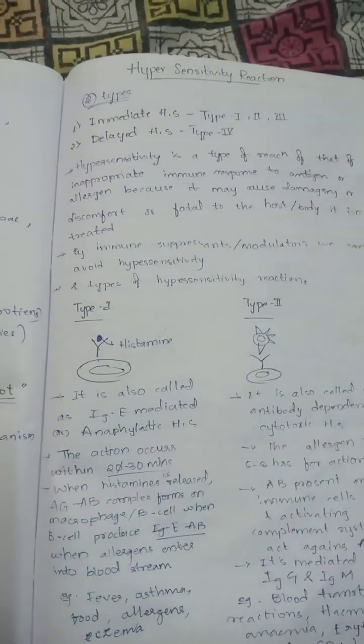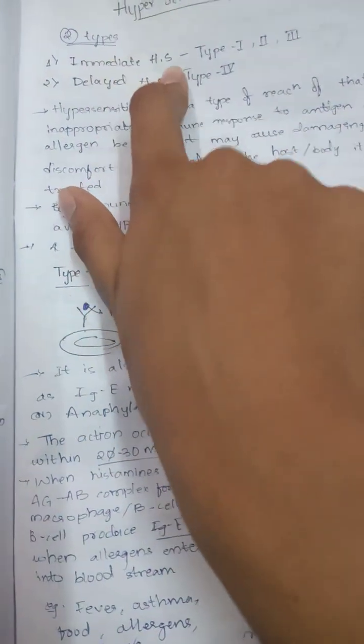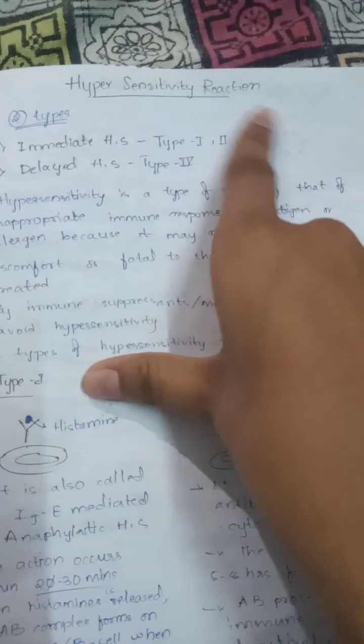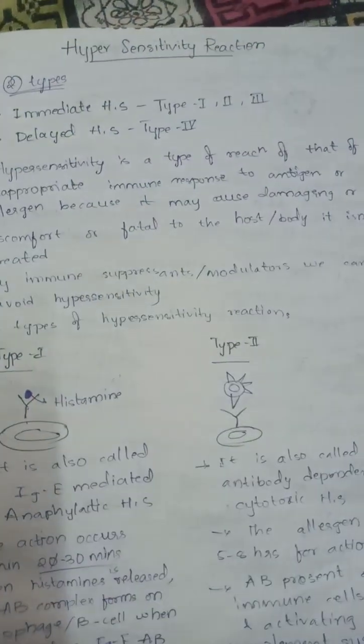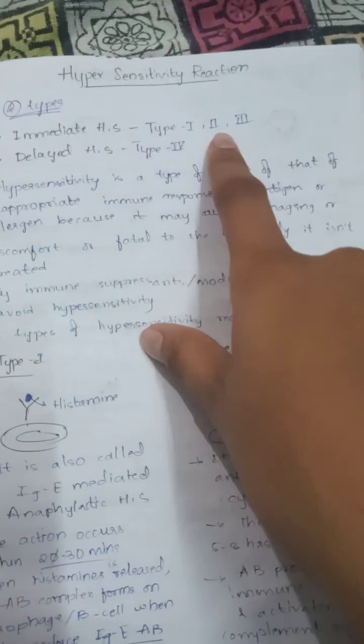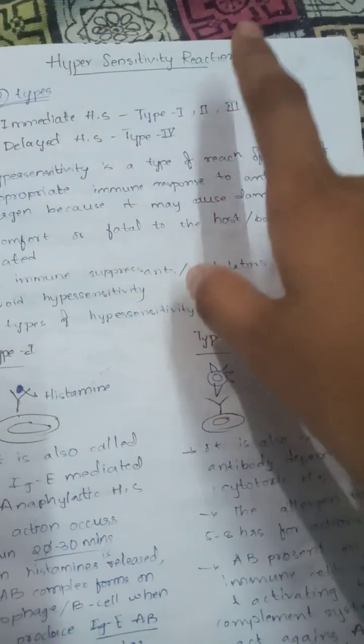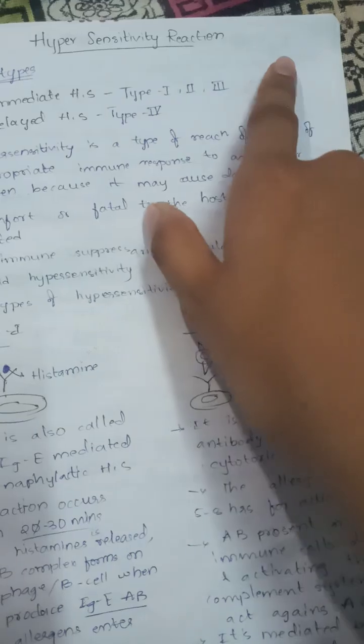Immediate and delayed hypersensitivity reactions are types of hypersensitivity. Immediate is of three types. In immediate hypersensitivity, type 1, type 2, type 3 are included. So immediate is nothing but the time taken to show action is very less. In type 1, 2 to 30 minutes are taken, while in type 2, 5 to 8 hours are taken, and in type 3, 2 to 8 hours are taken only.